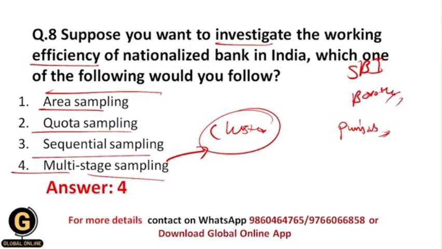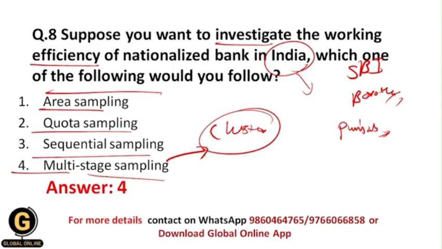And here India has lots of population, though I know that the population is finite, but still here I need to investigate the working efficiency, right? So whether the population is finite or not won't actually matter over here. I need to know the working efficiency only.